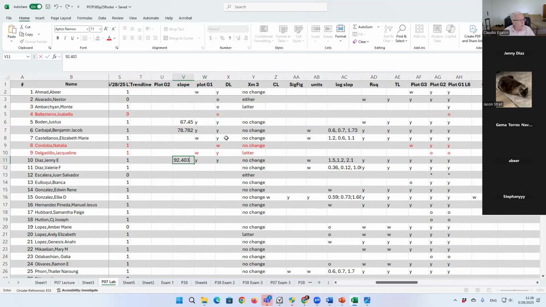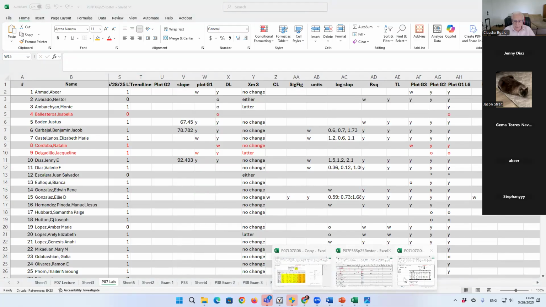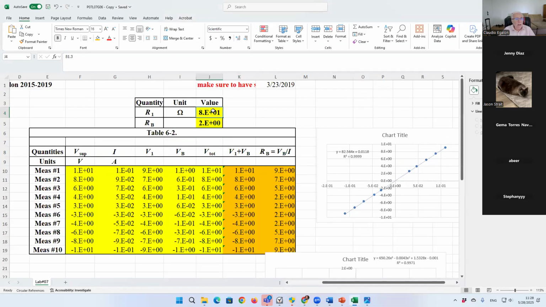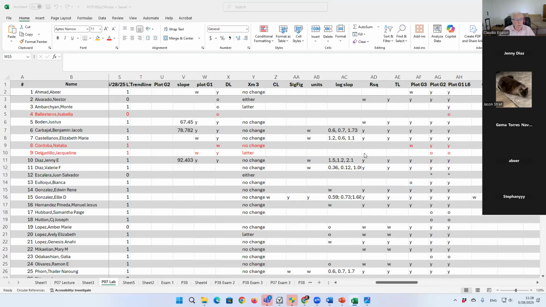And what is the value of your resistor R1 in the spreadsheet? 91.04. Okay, so it's close enough, right? 91.04 is very close to 92.403, and your graph is a straight line. That's how ohmic elements behave in terms of the resistance.